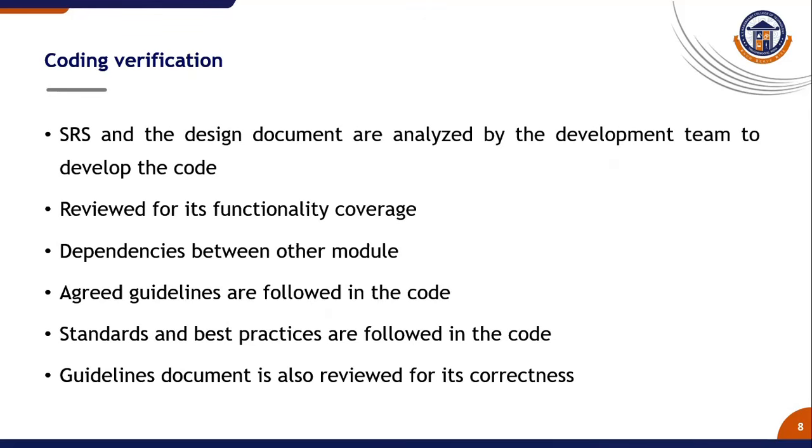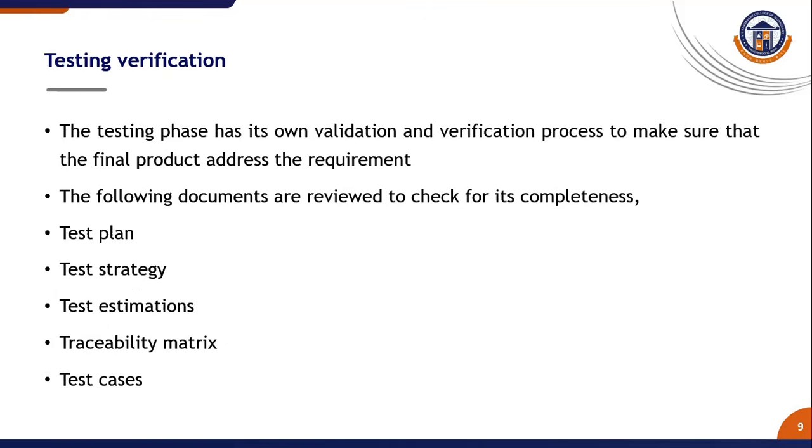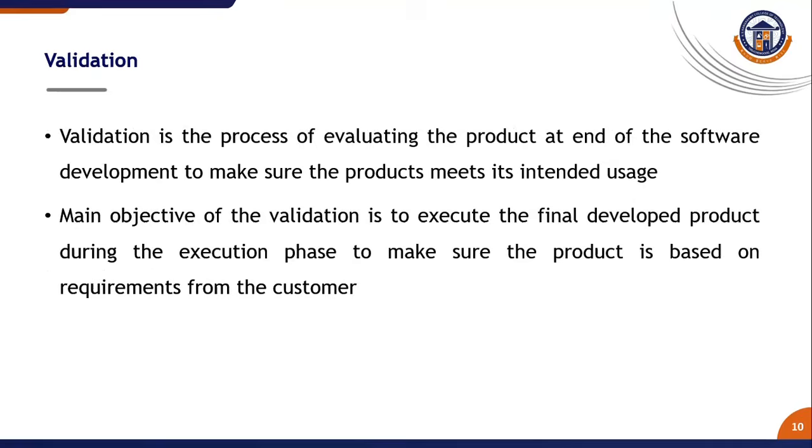The guidelines document is also reviewed for its correctness. The testing verification phase has its own validation and verification process to make sure the final product addresses the requirements. The following documents are reviewed to check for completeness: test plan, test strategy, test estimations, traceability matrix, test cases.